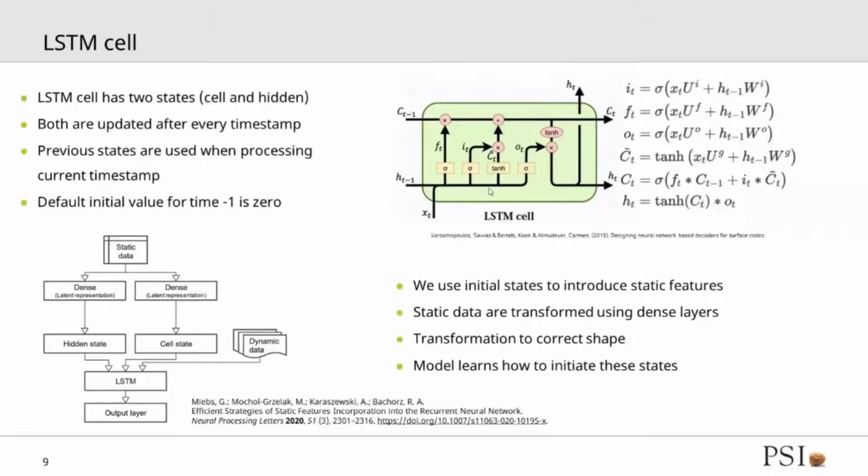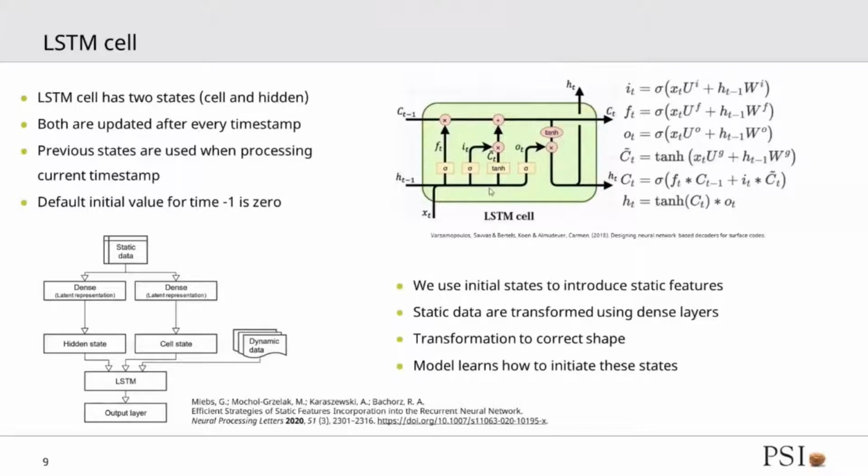First one is the dimension, since we will need as many of these initial values as we have LSTM cells in a layer. So it will usually not match the size of our static input. And the other problem is that we don't want to hard code these values anyway. We want them to be trainable parameters.